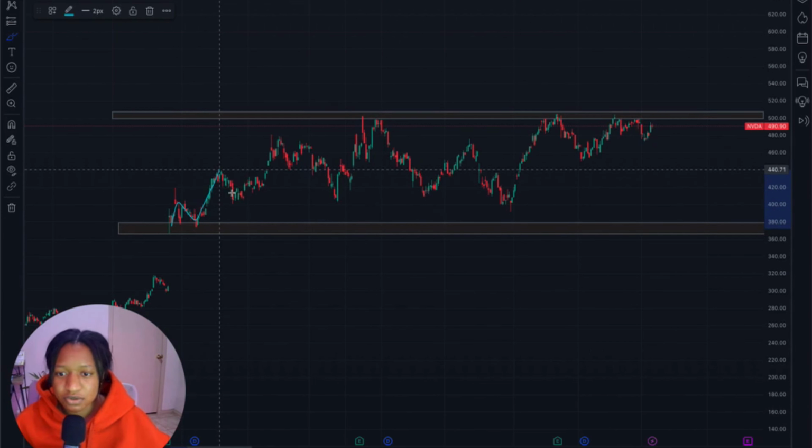Resistance here, comes down, goes back up, down, goes back up, down, up, down, up, down, up again.